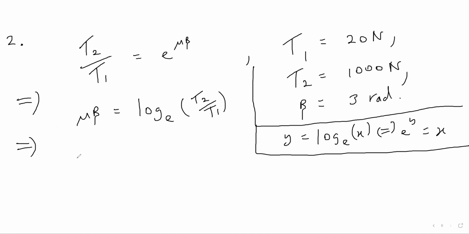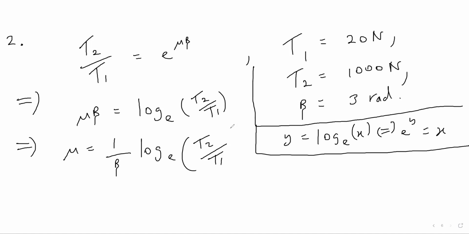So the next step will be to divide both sides by beta, so we can isolate mu on the left. Dividing both sides by beta will cancel out beta on the left. And on the right, we'll have 1 over beta multiplied by log E of T2 over T1.